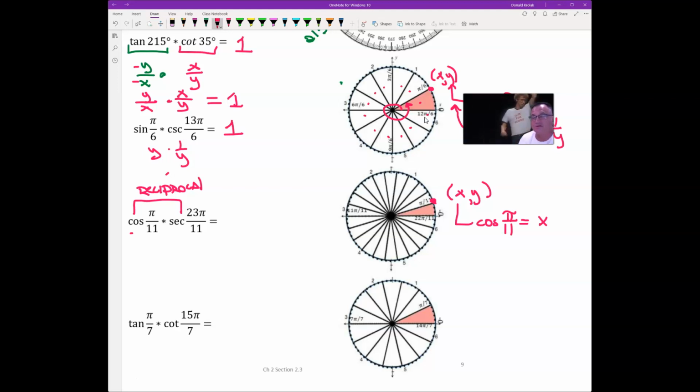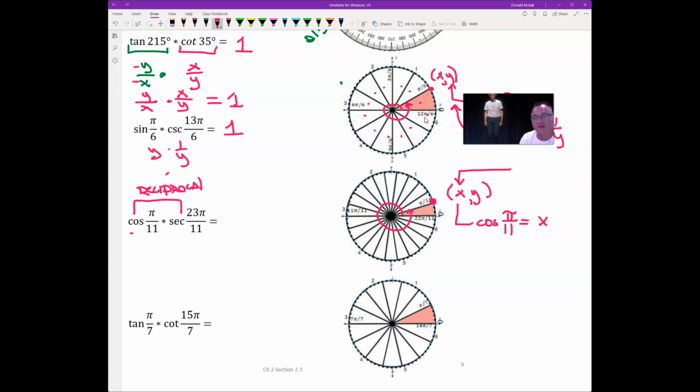All right, now 23 pi over 11. Well, if I went around, that's 11, 22, 23. It's the same thing. So it's at the same place. It's the same terminal point.